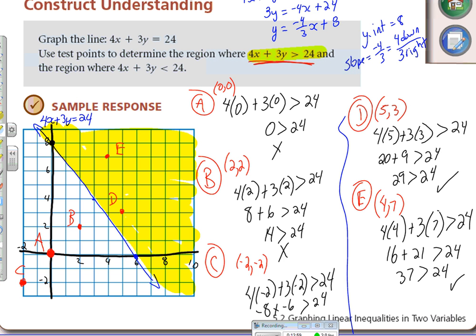Well, all these other points were less than 24. This whole blue section is where the graph is less than. The line itself was equal. And right through, that line is the equal line. Above it is greater than, below it is the less than here.